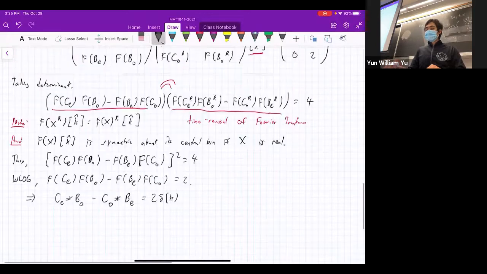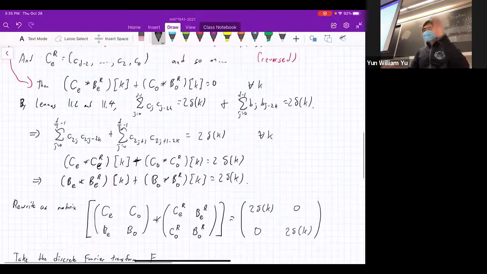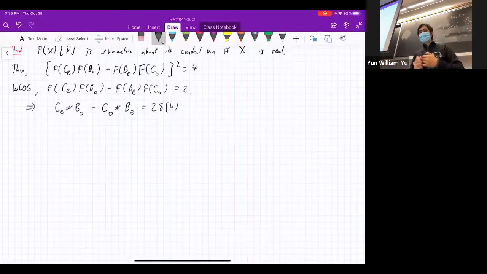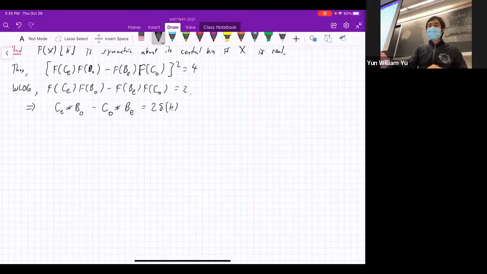Okay, so now what we did is we turned this sort of ugly system of equations into a single equation that talks about the way these coefficients relate to each other. Now, we're just going to do a couple things. The first thing we're going to do is take a convolution by CE reversed.